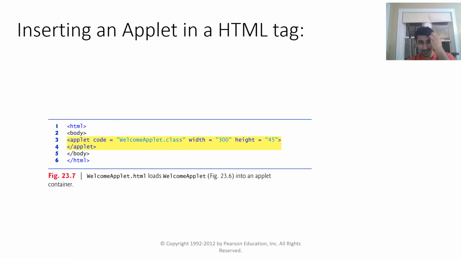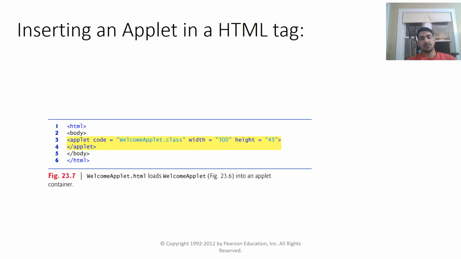How is an applet inserted? We write applet code equals WelcomeApplet.class. We are giving the source location of where the applet code is programmed, and the name of the applet class is WelcomeApplet.class, and width is 300 and height is 45.